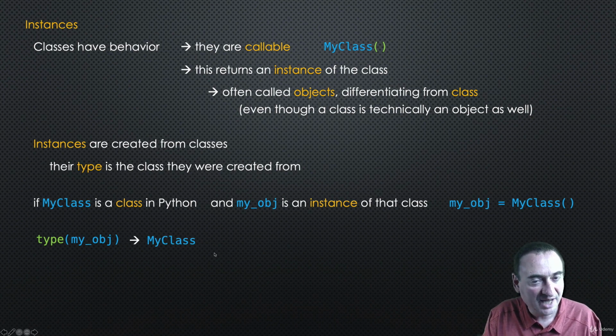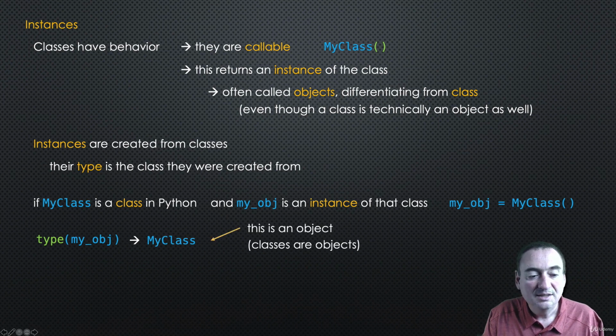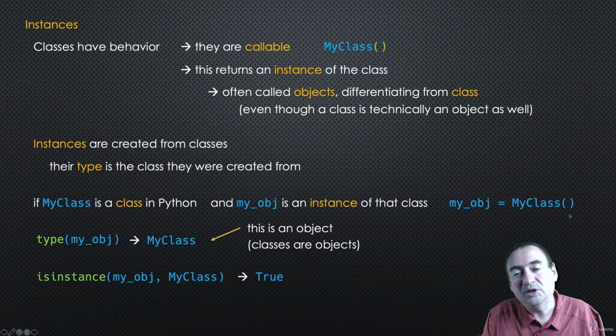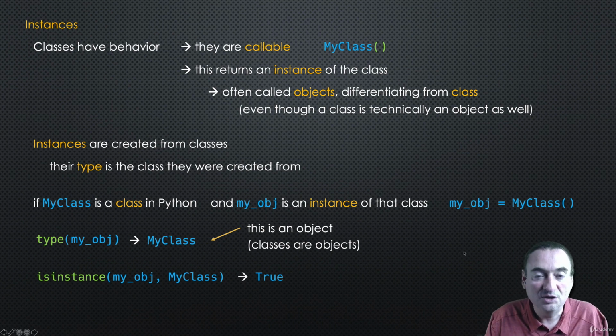We're not getting a string back here. We're actually getting the my class object. We can also use the isinstance function. So we can request Python to tell us, is my object an instance of my class? And in this case, it will return true because my object was indeed an instance of my class. And we'll look at how all that works and how we actually use all that in detail later.